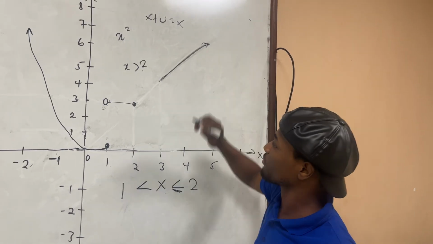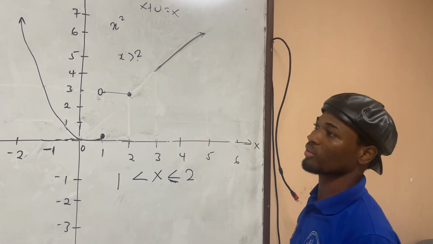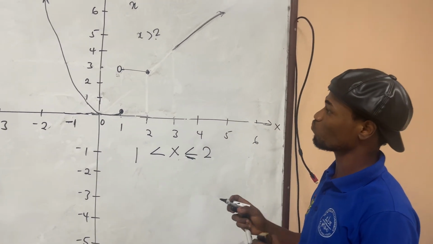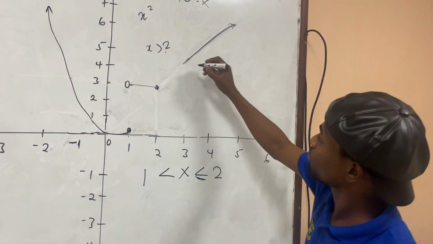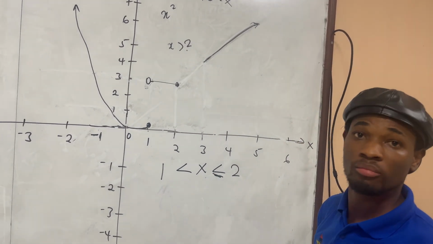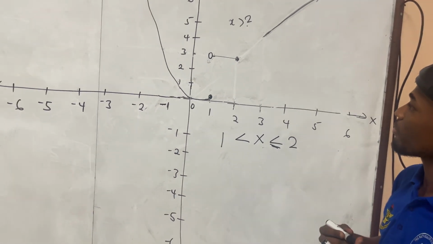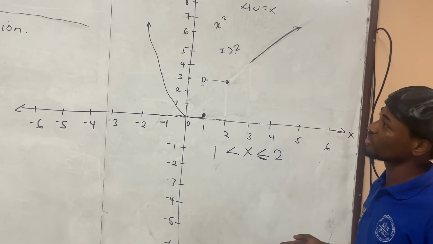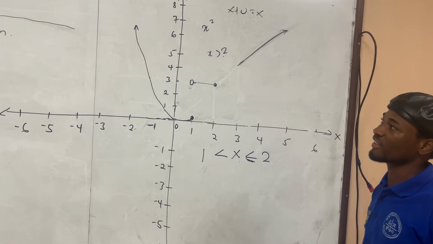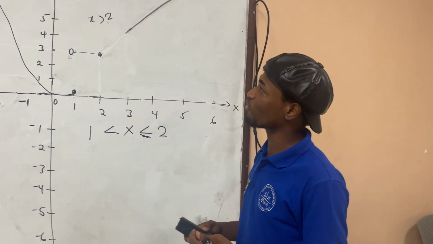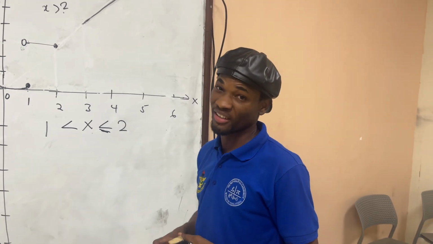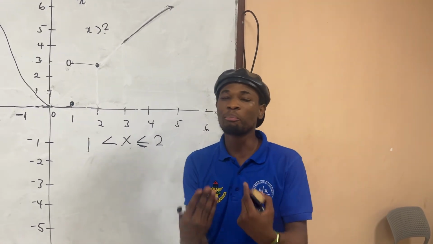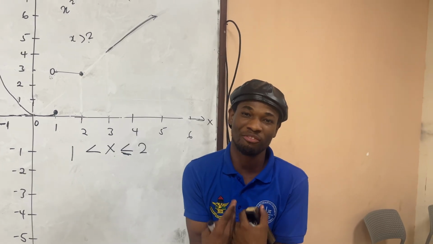This is my graph. So viewers, what can we do now? There's nothing we can do here. So viewers, this is the end of the tutorial. This is how we simply graph a piecewise function.